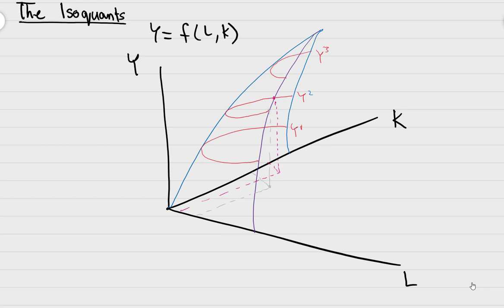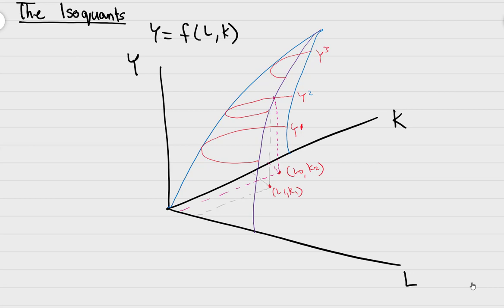We can see that these level curves have fixed quantities of output regardless of what combination we are using. Like if we use this combination, let's say L1 K1 or L0 K2, we get the same output, which is y1. Therefore these are called level curves.